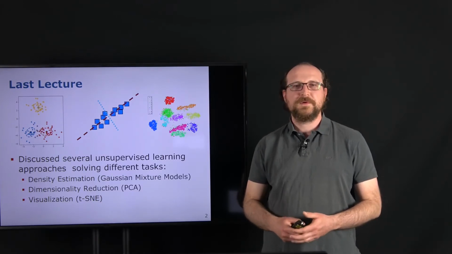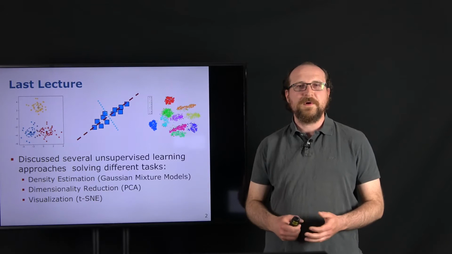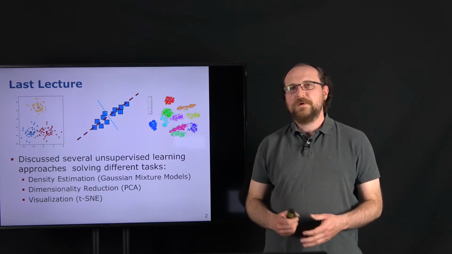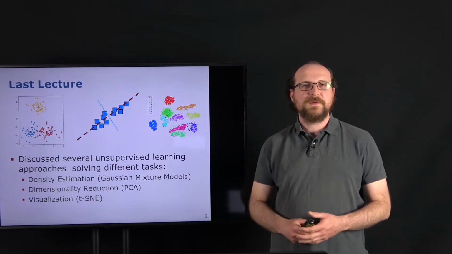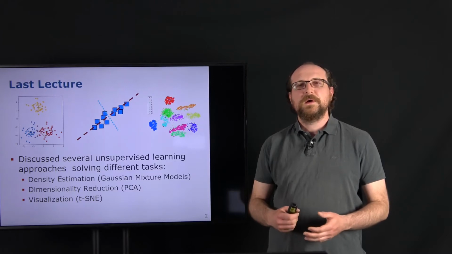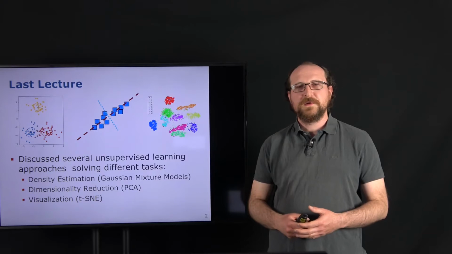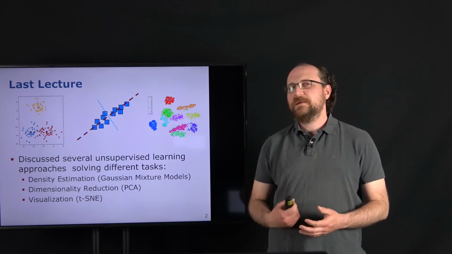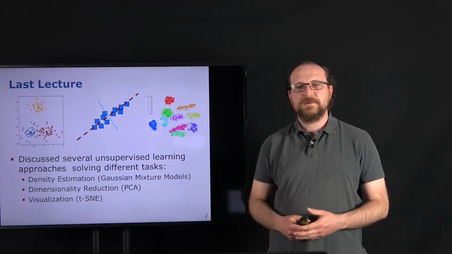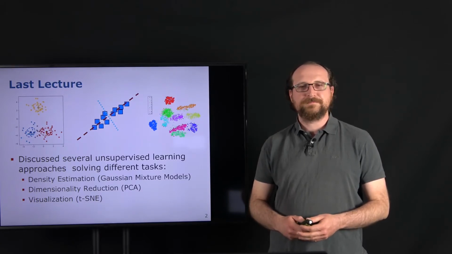So here the goal was to reduce the number of dimensions. But we also looked at some visualization methods which allowed us to nicely visualize the structure of our data in a way that we can then gain some insights about the data. And here we covered the t-distributed stochastic neighbor embedding.